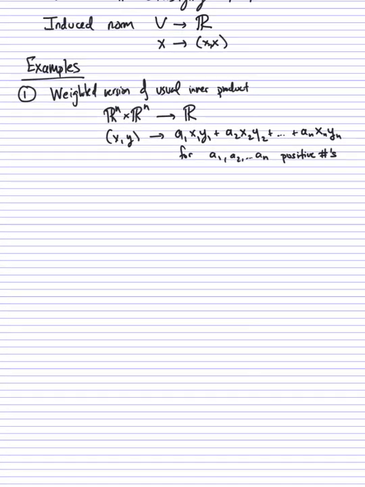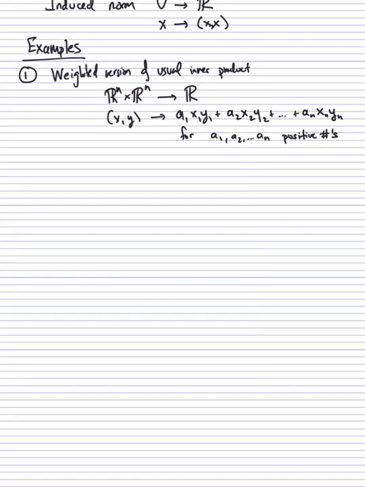Okay, so what you're essentially doing, at least if you look at the induced norm, is like a weighted length. So you have your vector, your x1, x2.